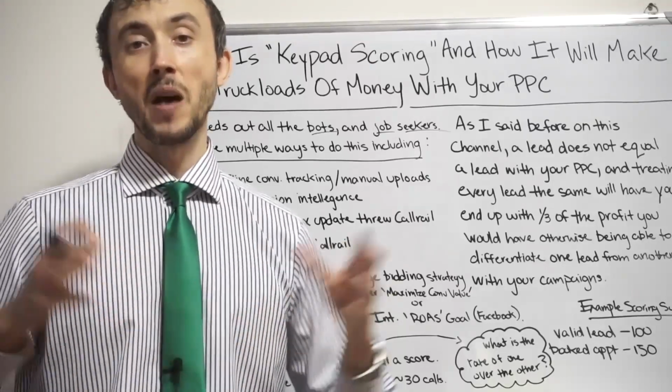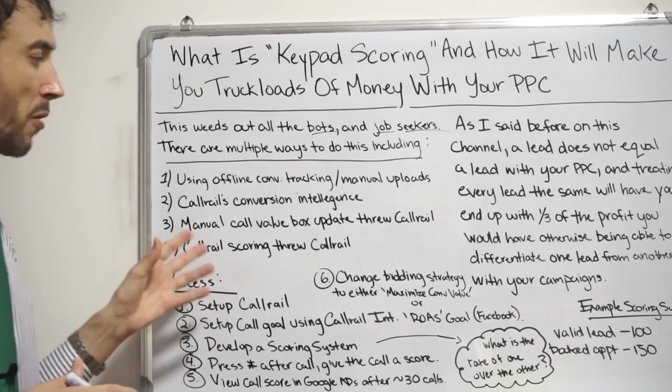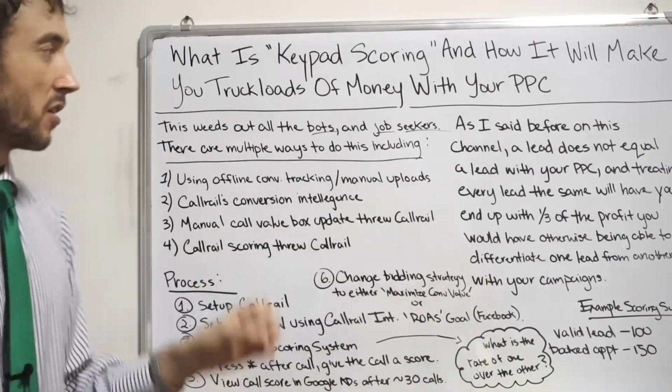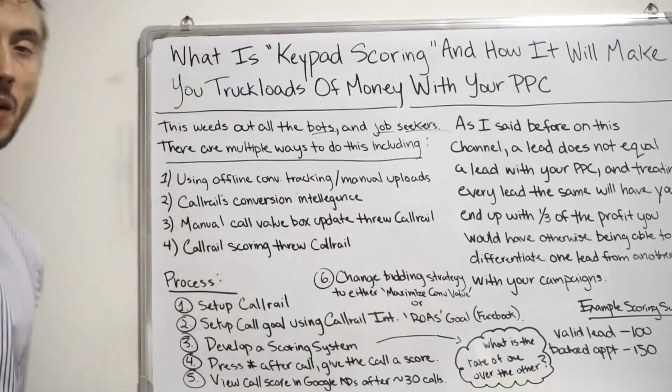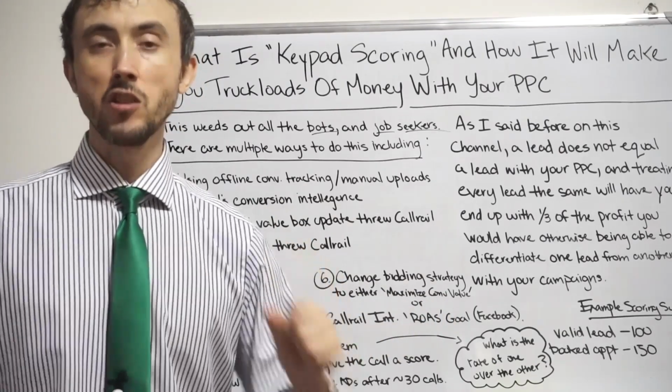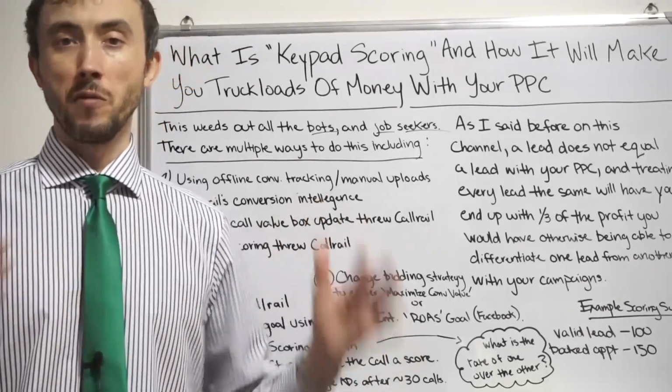So anyway, with that said, that's the process that we go through, and what you want to go through if you're going to switch to using this keypad scoring to make your lead generation campaigns that have phone calls coming in get you better results.